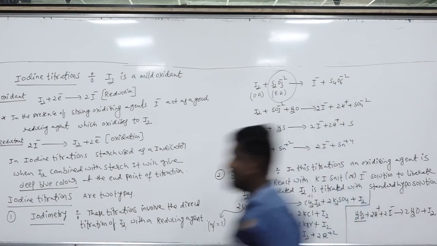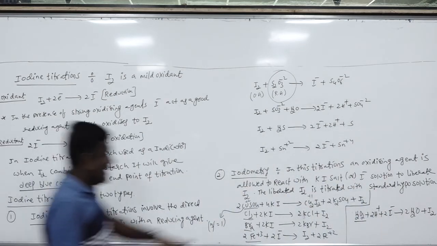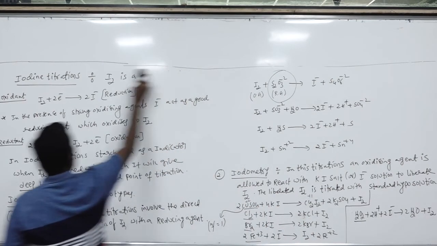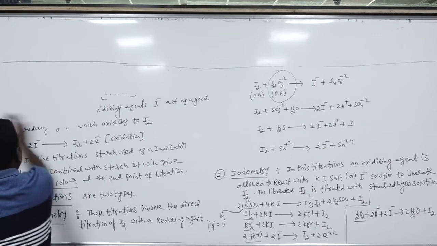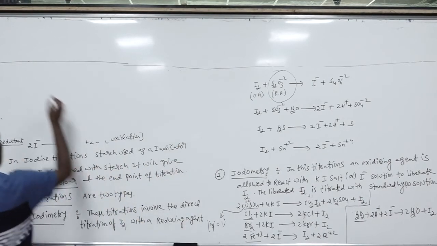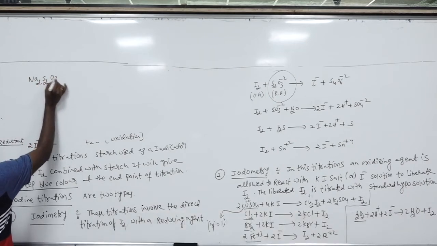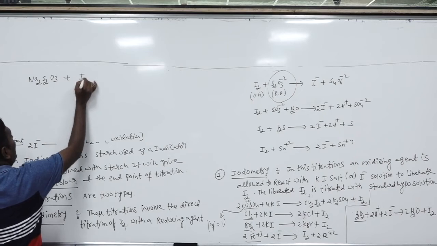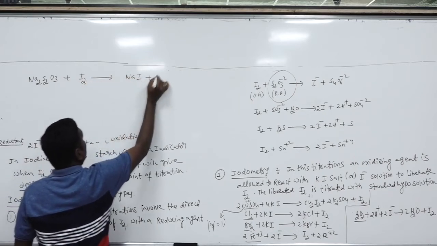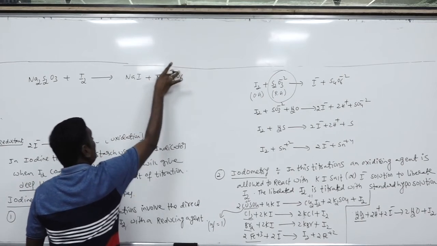After that, when these iodide ions are converted into I2, a standard solution, that is hypo, Na2S2O3, is treated with iodine, to get sodium iodide and sodium tetrathionate.